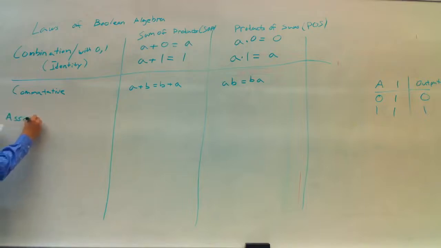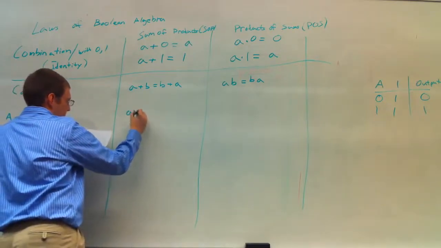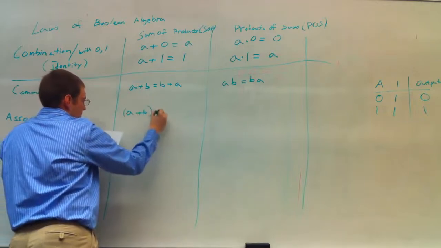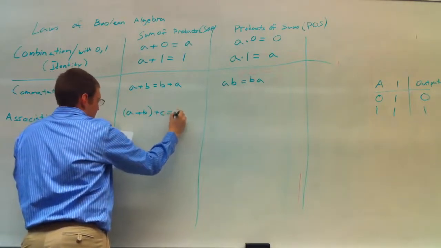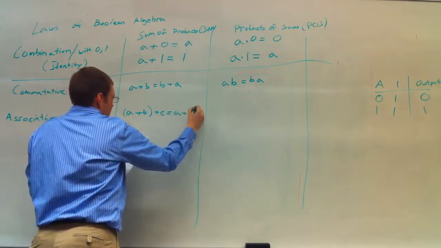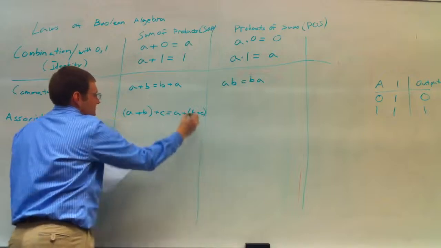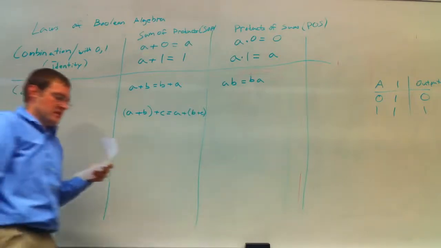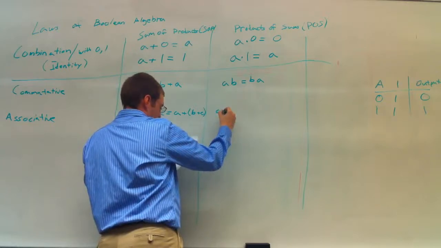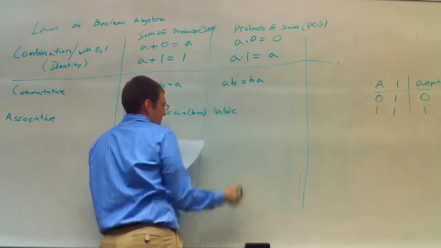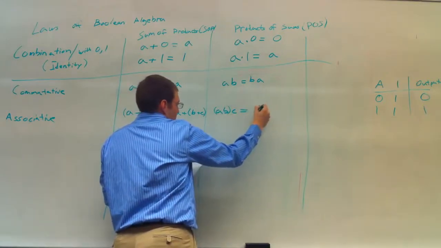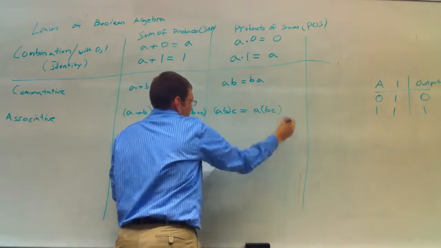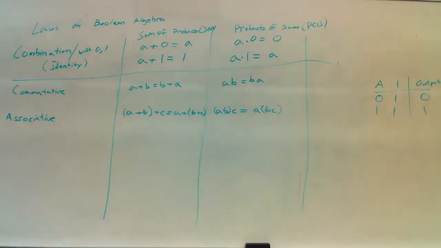Now we have the associative law. We have A or (B or C) is the same as (A or B) or C. Then we can have A and (B and C), which equals (A and B) and C. We have the distributive property.